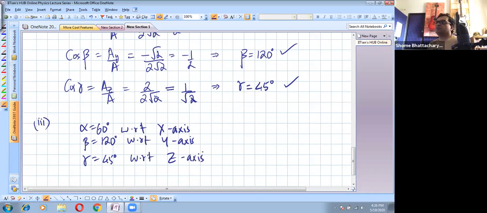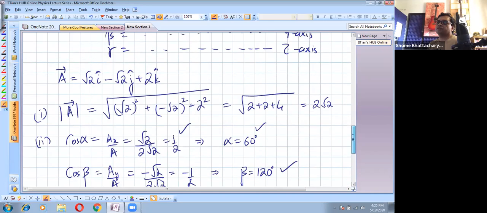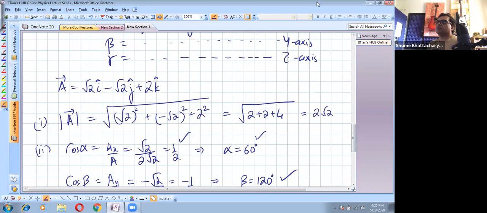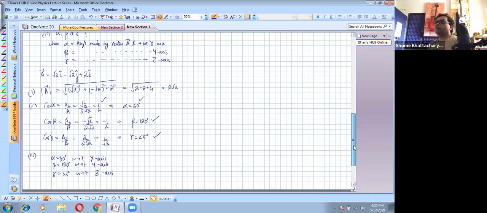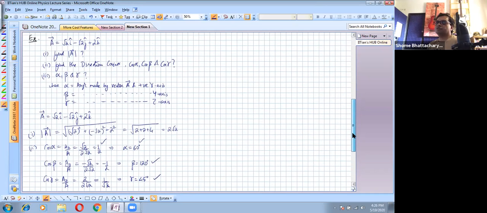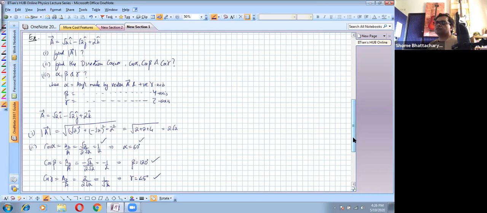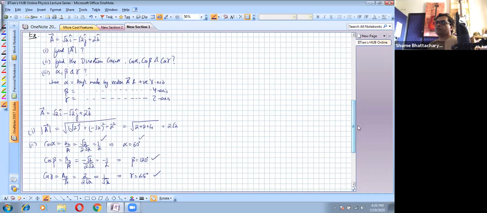So pretty simple, nothing difficult. It's all formula application. There's nothing much to think about. You just apply the formula here.